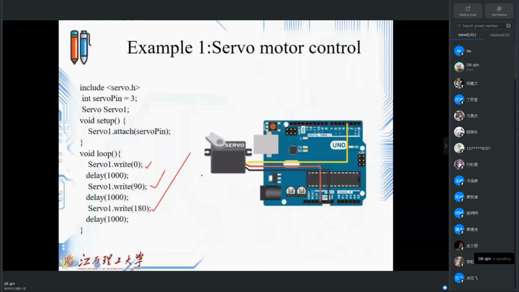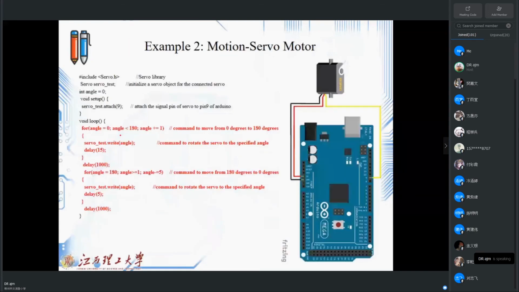Okay, in example number 3, again I have some movement, but now I will start from 0 to 180 angle, and this time I connect to pin number 9. You should use this with an Uno, not the Mega that I use. Then slowly I will increase my angle one by one, from 0 to 180 degrees, with some delay.